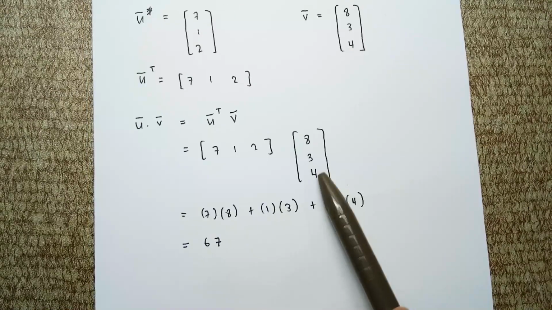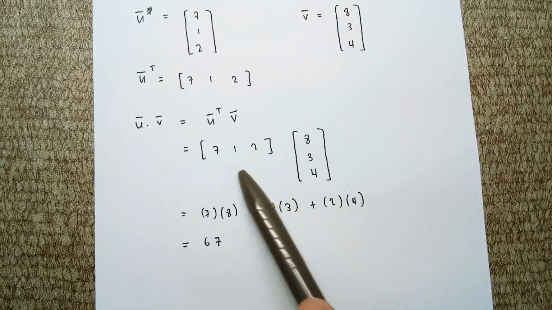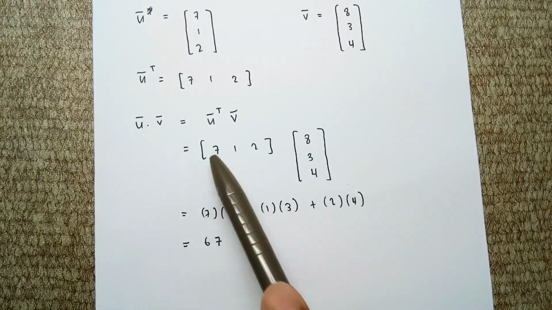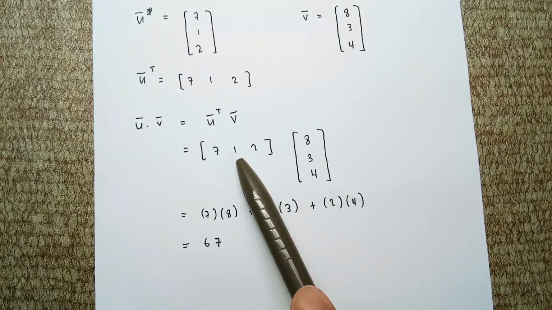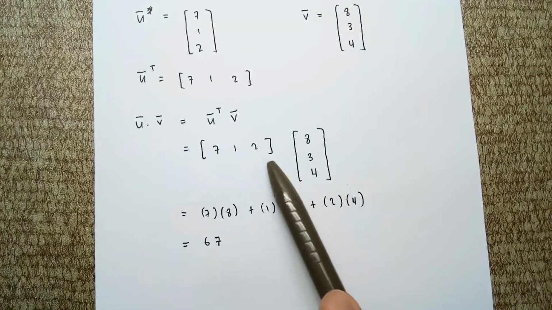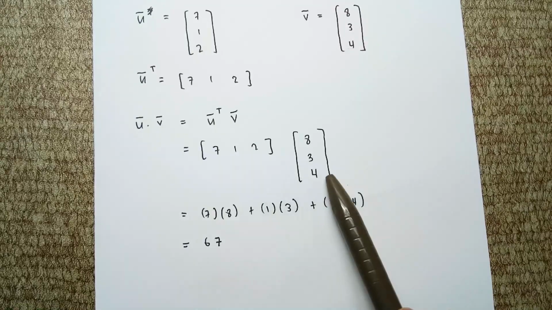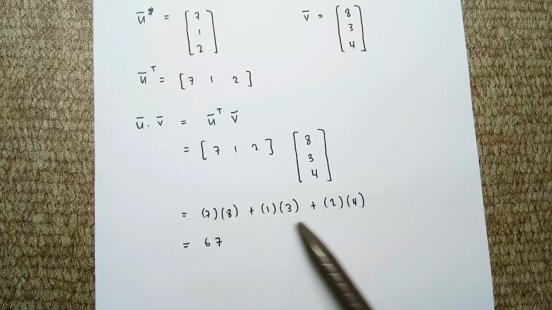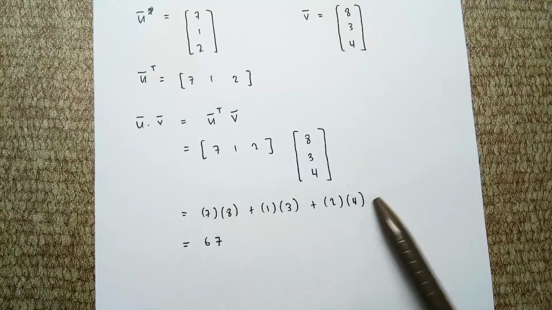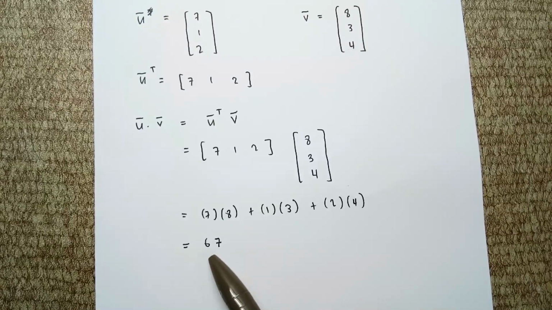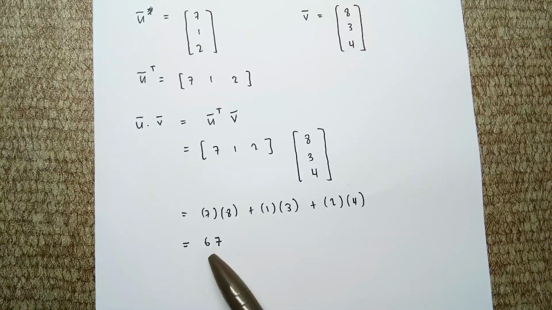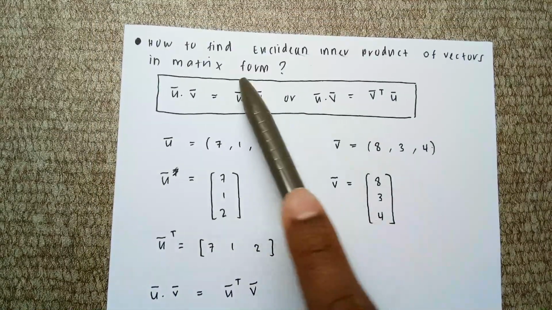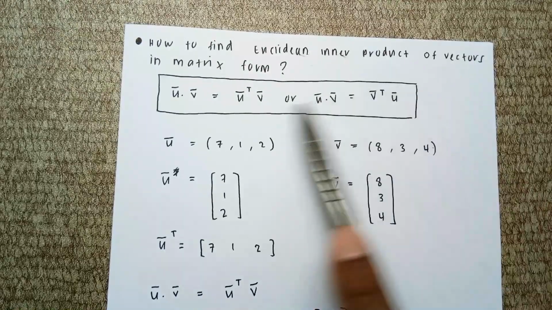To solve this matrix, we just do as usual, which is 7 multiplied with 8, 1 multiplied with 3, and 2 multiplied with 4, which will be in this form. And then we just need to calculate it, and we will get 67.